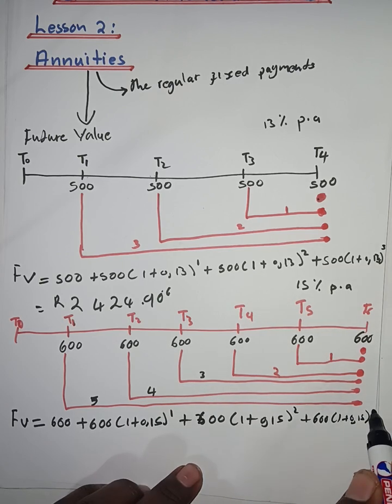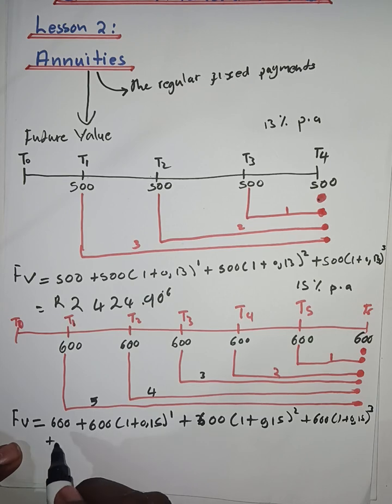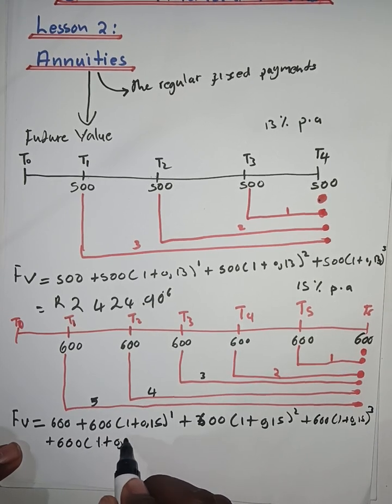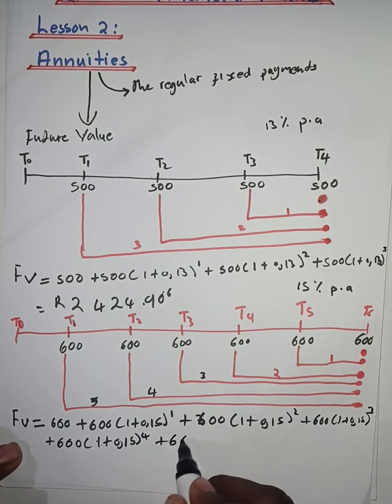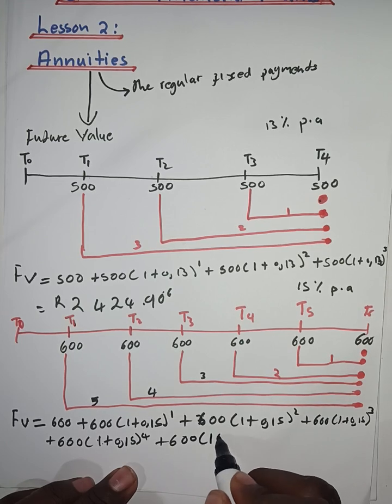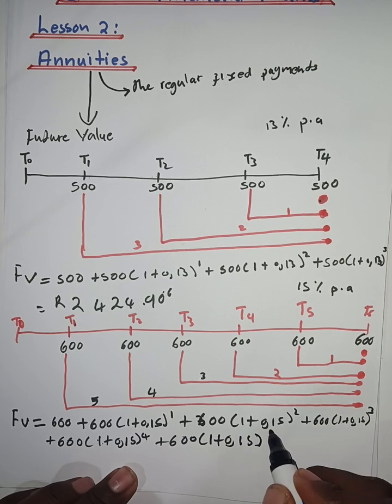In this case, that would be for 3, and then plus there. Just gonna add all of them. So it would be 600, 1 plus 0.15 for 4, plus the last one in this case, which was in the account for 5 years. So that would be 1 plus 0.15, but in this case for 5 years.